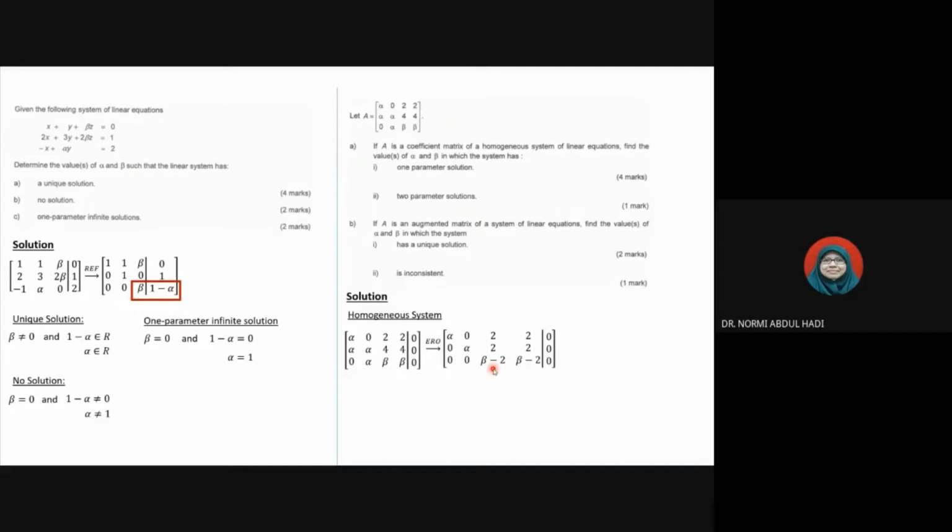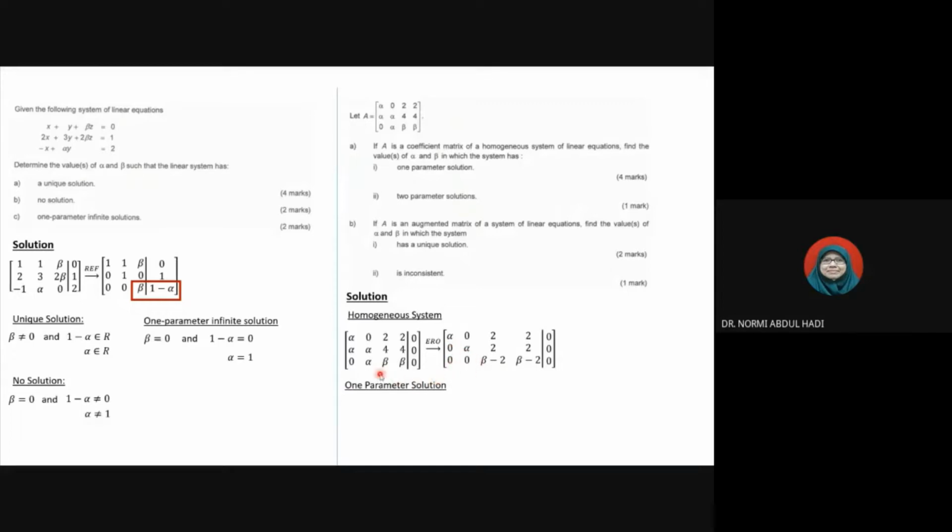Reduce the system. A one parameter solution happens when one of the columns has no leading one. But by considering this matrix, when beta equals 2, two columns will not have leading ones. Or when alpha equals 0, these two columns will not have leading ones.